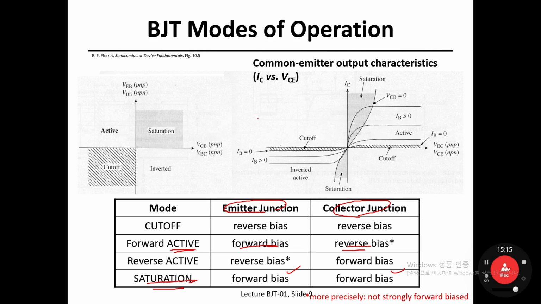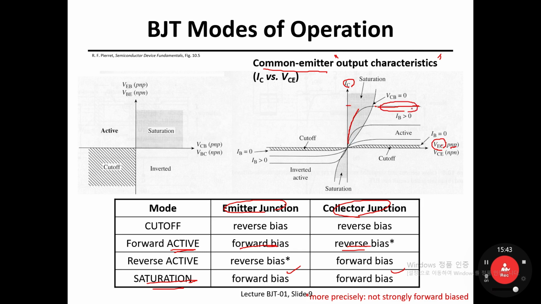Here is the common emitter BJT configuration. Let's think about the output characteristic, IC versus V sub EC, since we are talking about the PNP. The current is increasing almost linearly as the output voltage increases. But at some point, whatever the output voltage is, the output current is set and saturated.